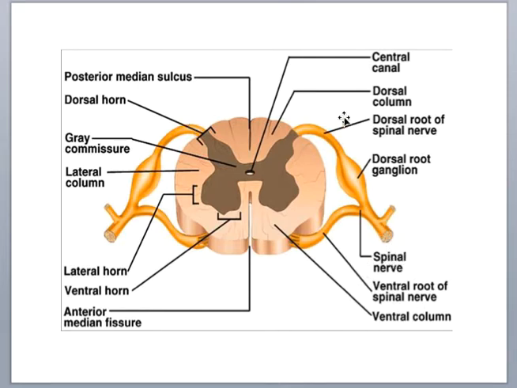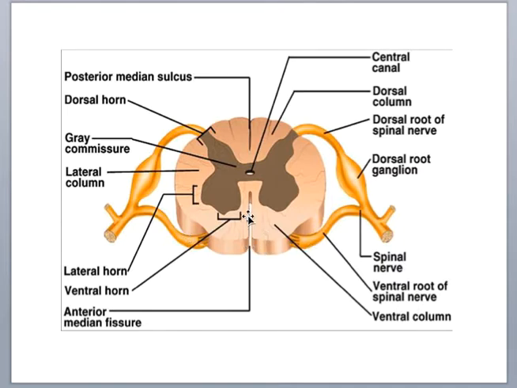So how do I know that this is dorsal or posterior and this is anterior or ventral? If you look at this anterior median fissure right here, a fissure is a deep groove, and you can see space in between this groove, so it's a deep groove. So where you see the fissure would be anterior.